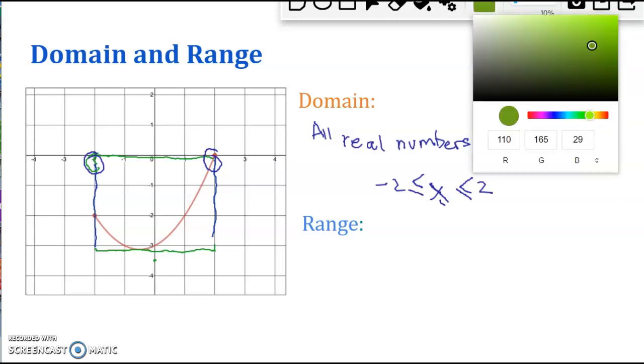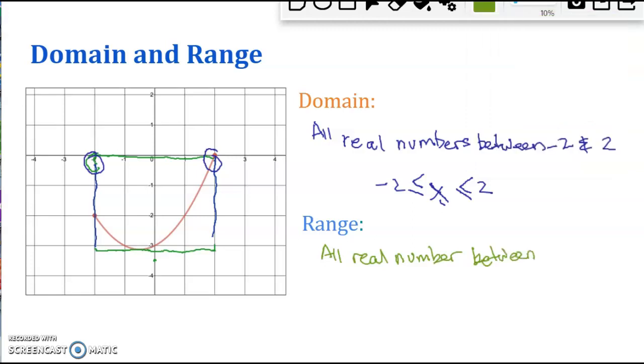Okay? All right, then what about range? We said the range is all real numbers between, what are the two numbers?